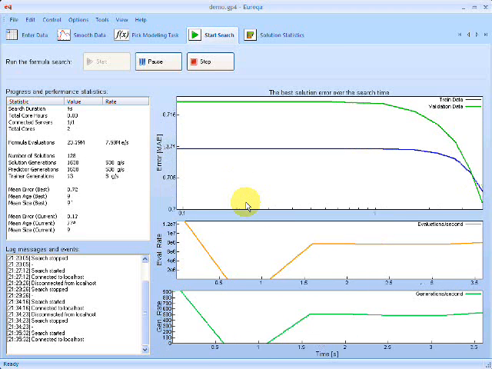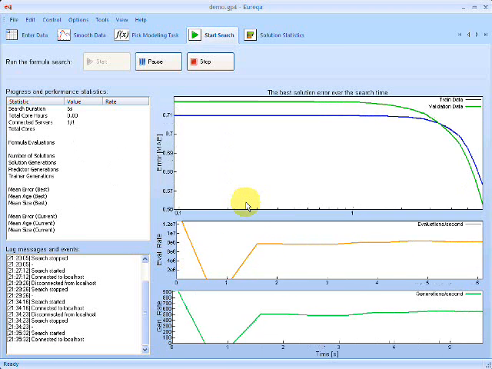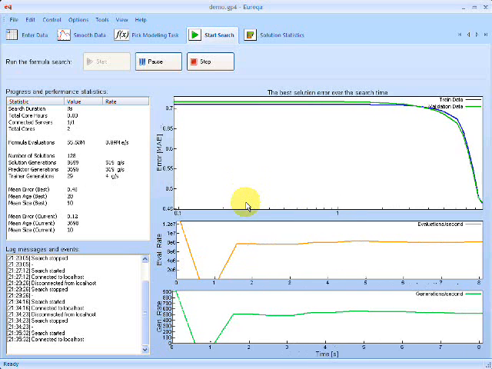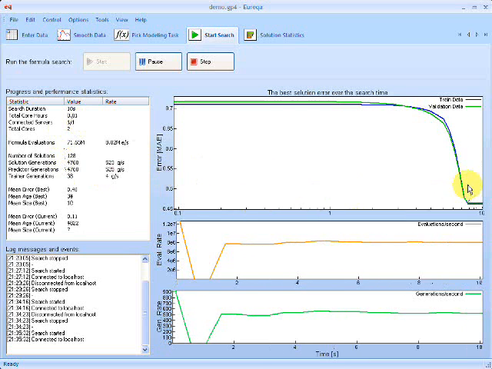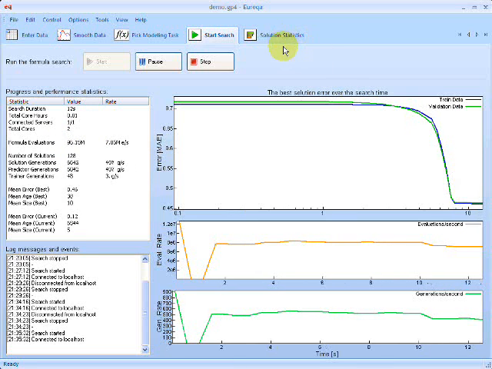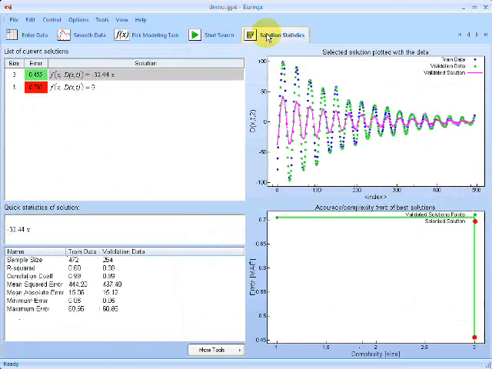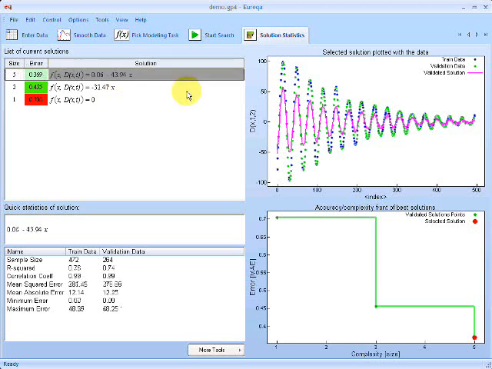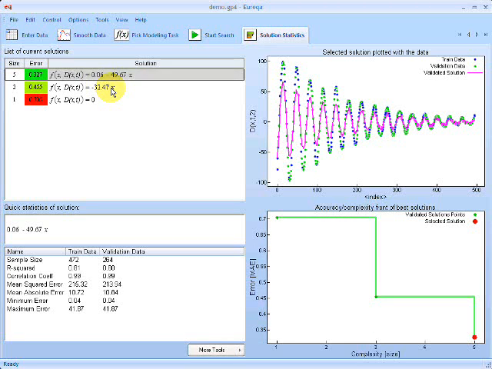So now we're going to start looking for a model of the second derivative, the acceleration of the pendulum's angle. It looks like it's starting to find some accurate models. Let's go and look at what these look like in real time. Immediately it's picked up on this small angle approximation of a sine term.